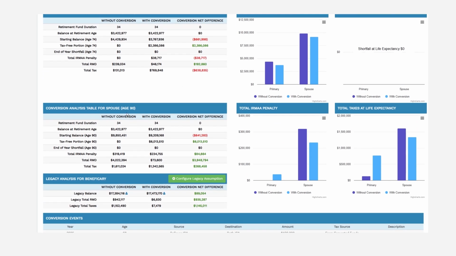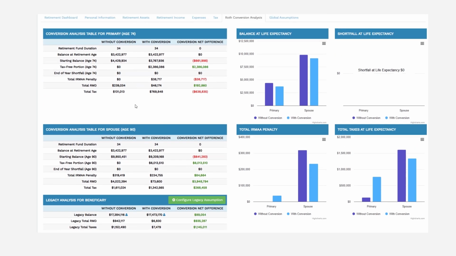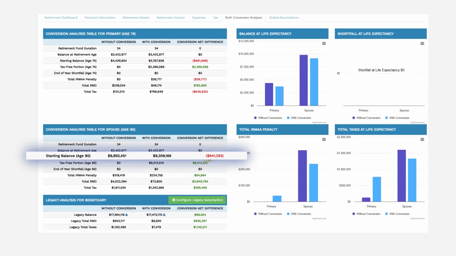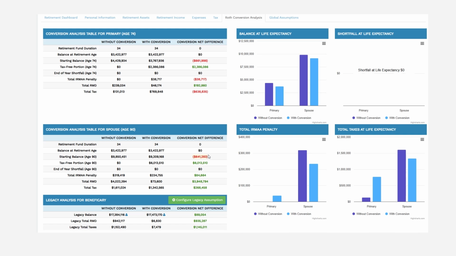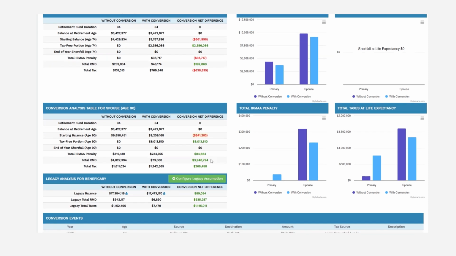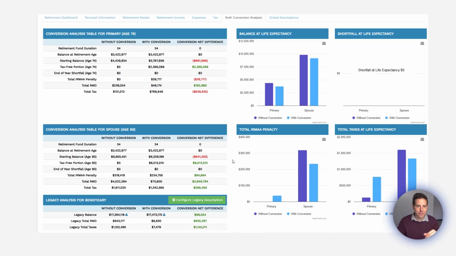But you can look here after she passes away. So he passed away at 74, and when she passes away at 90, this is a little bit closer, a little bit less bad as far as what is being passed to the heirs. But that difference made up the difference down here. So yeah, in this realistic scenario where what he thinks is more likely to happen, he's going to pass away earlier, it actually is more advantageous for the heirs and for the spouse if they do more Roth conversions on the front end.